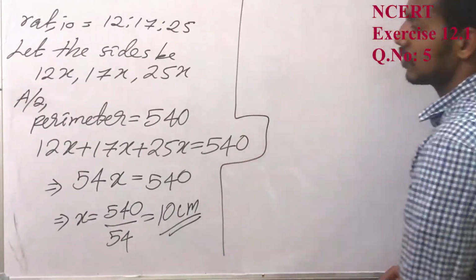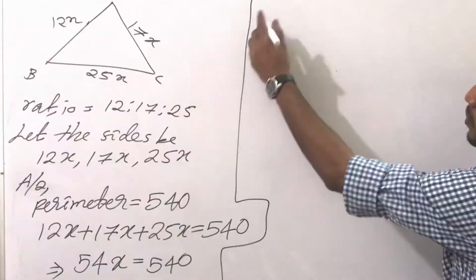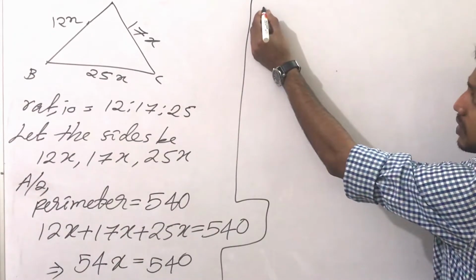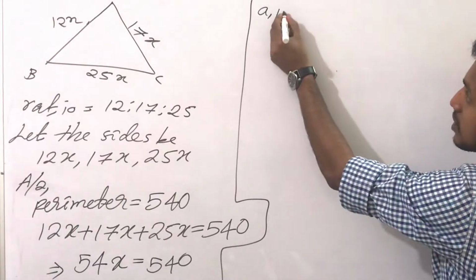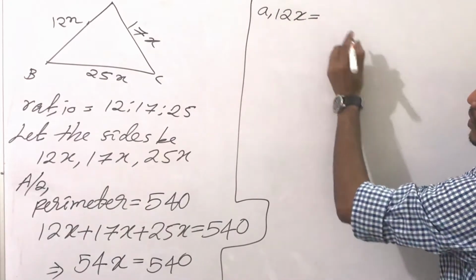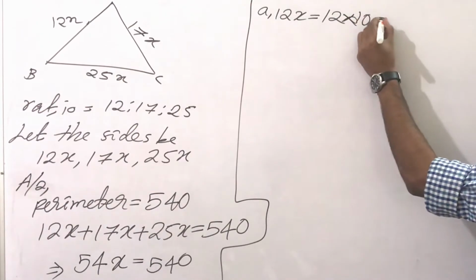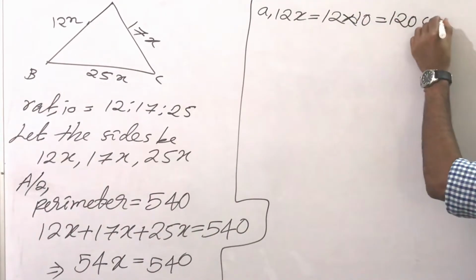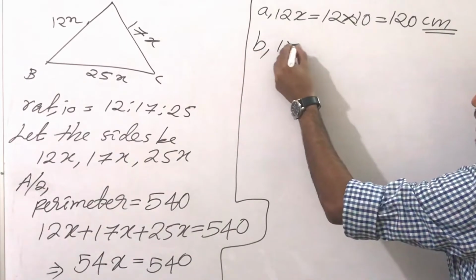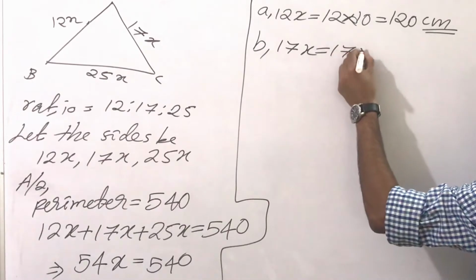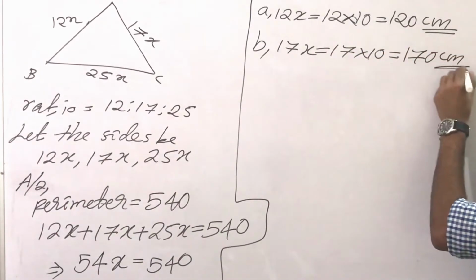Now, x is 10 centimeter. Therefore, the side a is equal to 12x, which is 12 into 10, equal to 120 centimeter. Similarly, b is 17x, which is 17 into 10, equal to 170 centimeter.